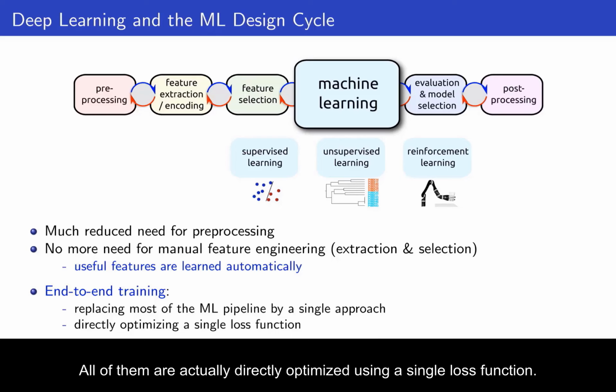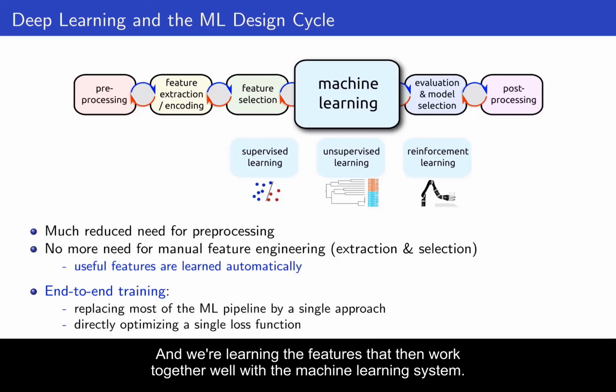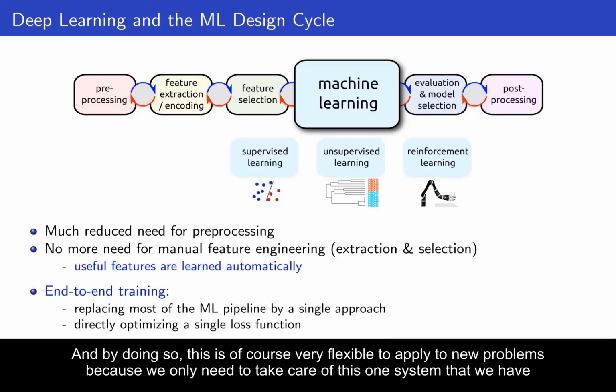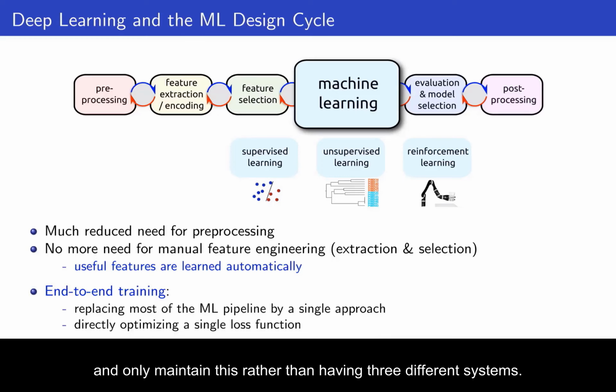All of them are actually directly optimized using a single loss function. And we're learning the features that then work together well with the machine learning system. And by doing so, this is of course very flexible to apply to new problems because we only need to take care of this one system that we have and only maintain this rather than having three different systems.